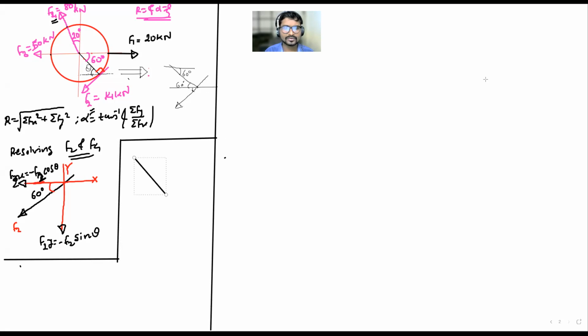Is it correct? Yes. This is force F4. Magnitude नाही तरी चालते, काय हरकत नाहीये. Now the next step is that we have to construct the x and y axis. Suppose that this is a horizontal x axis, this is a vertical y axis.